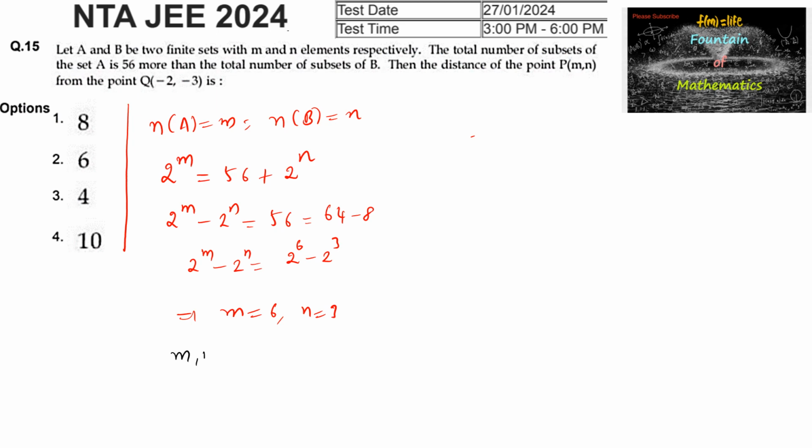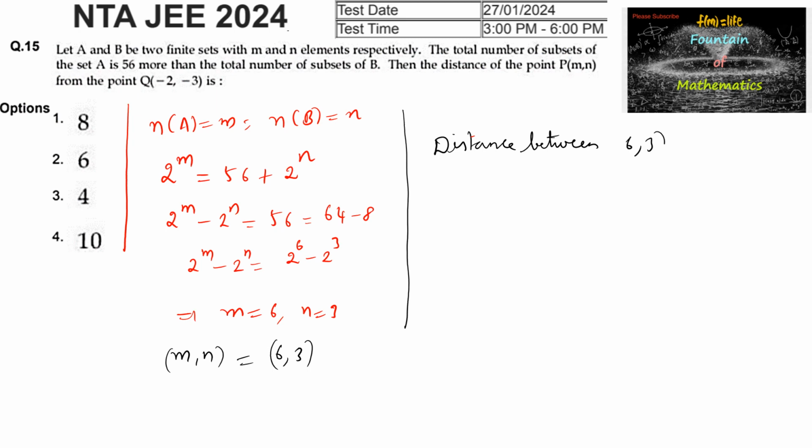So the point m, n, we got it as 6, 3. Now the distance of the point P(m, n) from the point Q(minus 2, minus 3) is, so distance between the points 6, 3 and minus 2, minus 3, say this is P and Q, is equal to under root of x2 minus x1 whole square plus y2 minus y1 whole square.